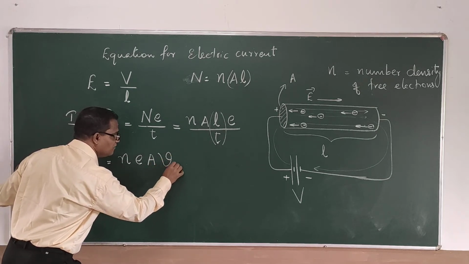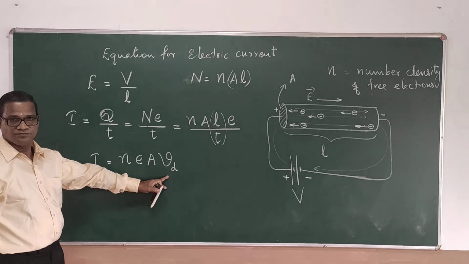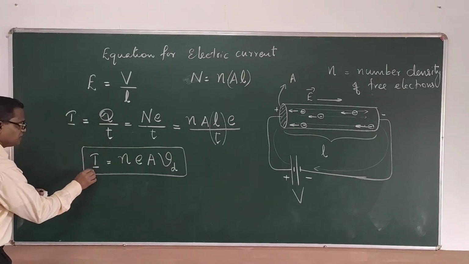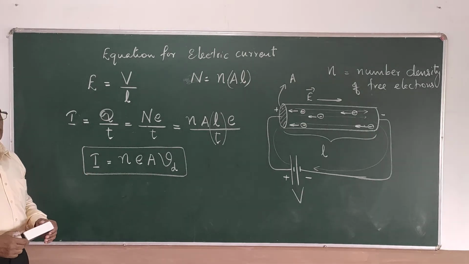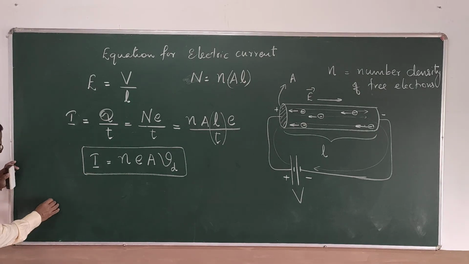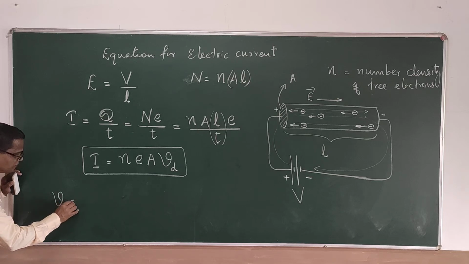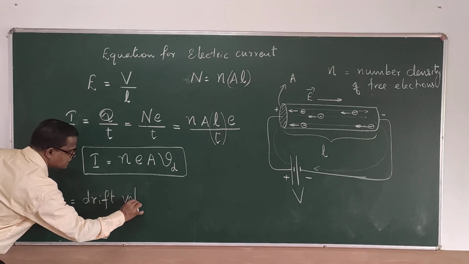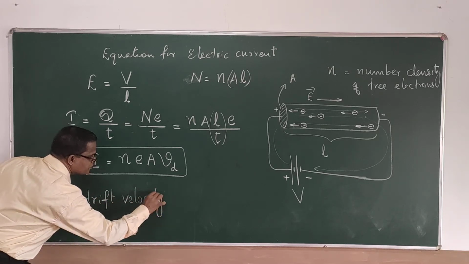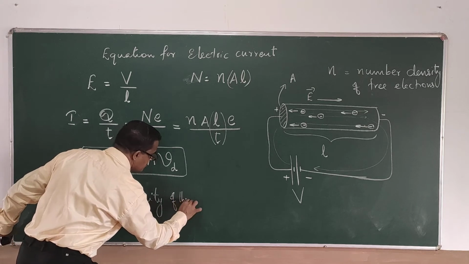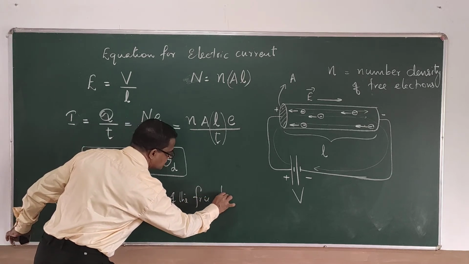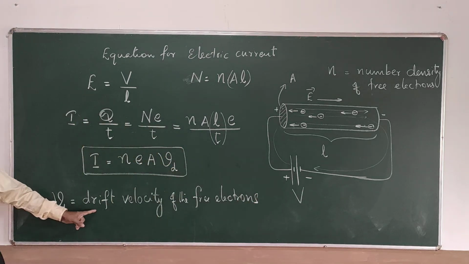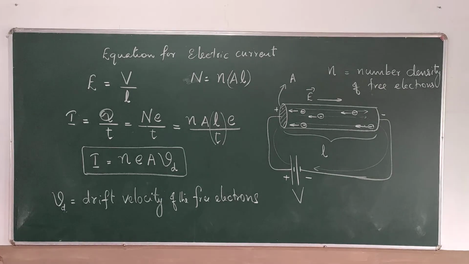I take it as V subscript D. Now, this is the equation for electric current, we can say, where I introduce a quantity called Vd, which we call the drift velocity of the free electrons.